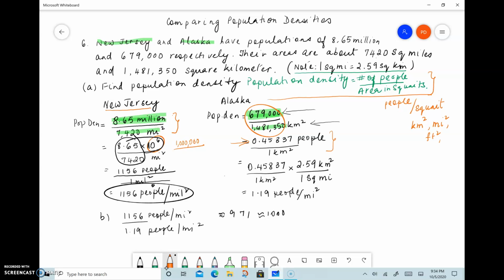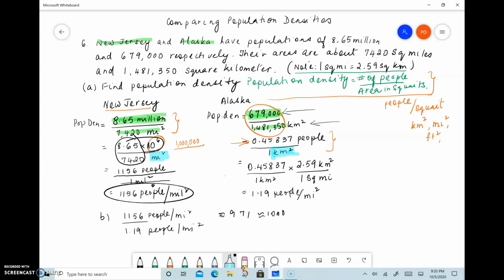But in order to compare the population densities, we need to make sure that they are in the same units. Now notice that the population density of New Jersey is in square miles, and the population density of Alaska is measured in square kilometers, right?